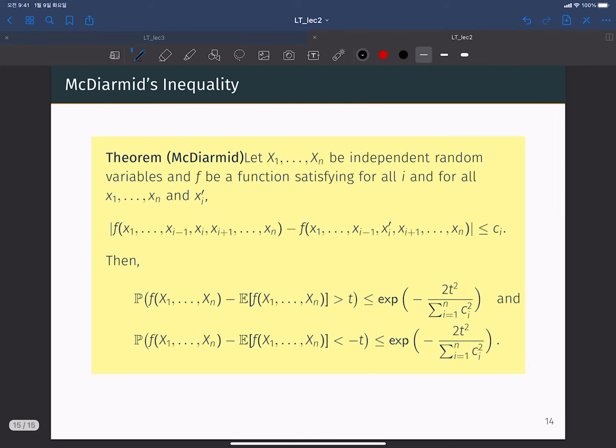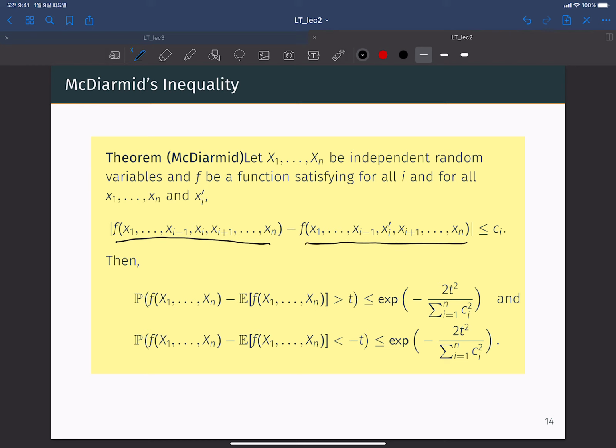Okay. So using this Azuma-Hoeffding inequality, we can derive McDiarmid's inequality as well. And McDiarmid's inequality is also very interesting. Suppose we have a sequence of random variables x1 to xn, which are independent, let's assume. And let f be a function satisfying, for all indices i, for all input values x1 to xn and some xi prime, the following.